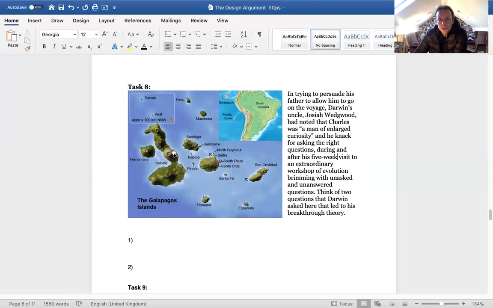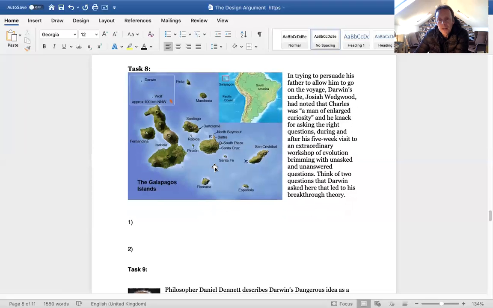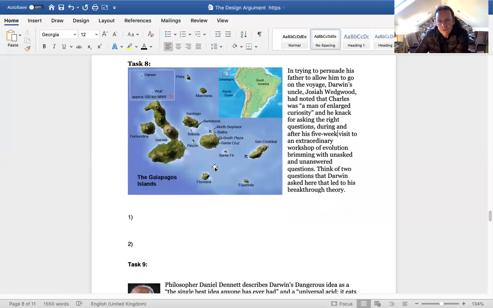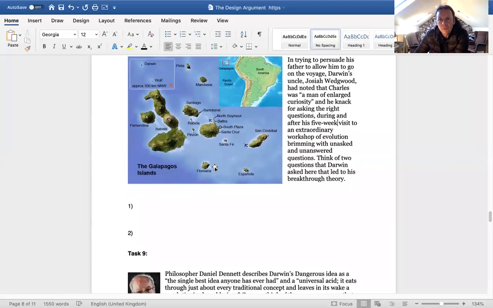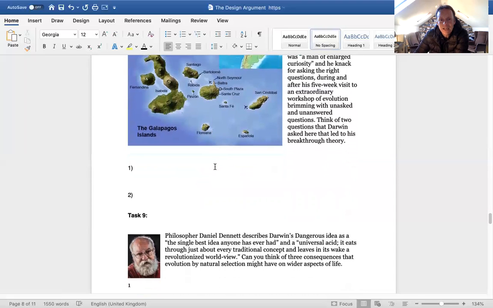So you could look at the environment and how the species had adapted specifically to each environment, and that told you quite a lot about how rapidly evolution could equip the flora and fauna for survival. That was the key thing about survival, what is needed to stay alive.